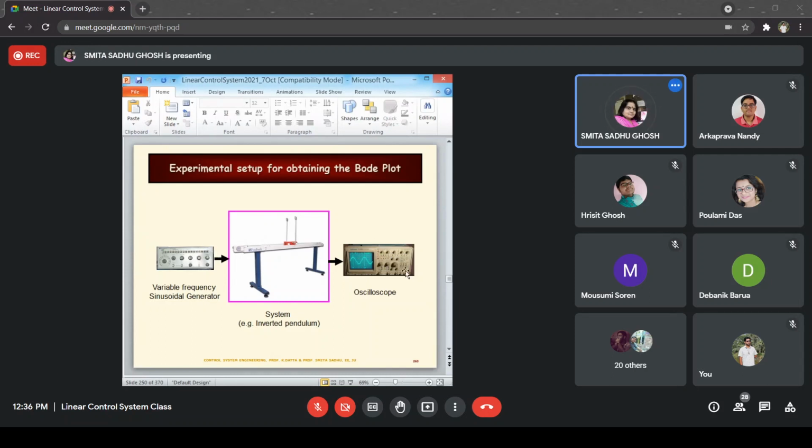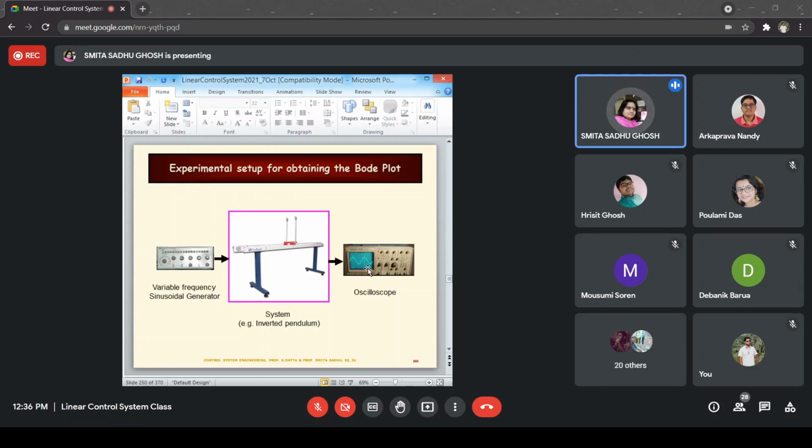So now, by observing the sine wave over here, what do we do? Say, for example, as I said, we have given over here a signal at a frequency of 1 radian per second. Corresponding to a signal frequency of 1 radian per second, I've put in a particular amplitude, and the sinusoidal waveform is over here.